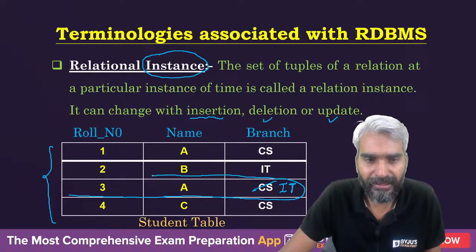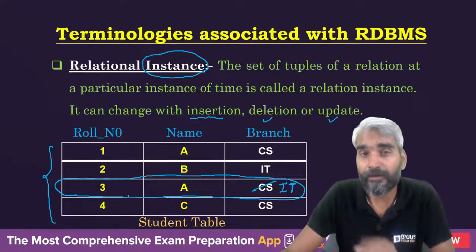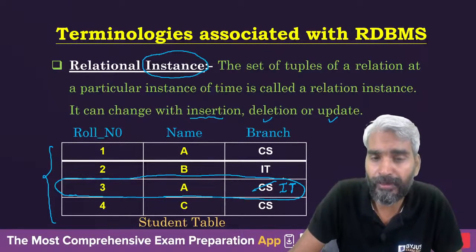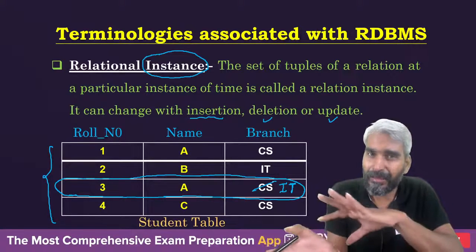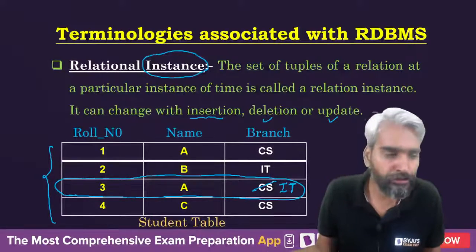Previously this element had the value CS. Now if you change the value of the branch field, this tuple has changed, so the element of the set of tuples is also changed.